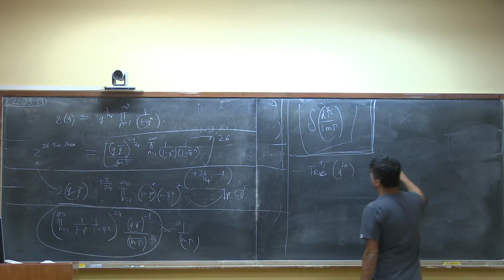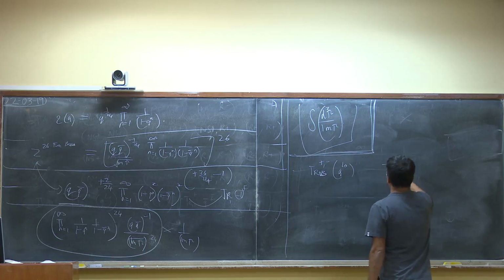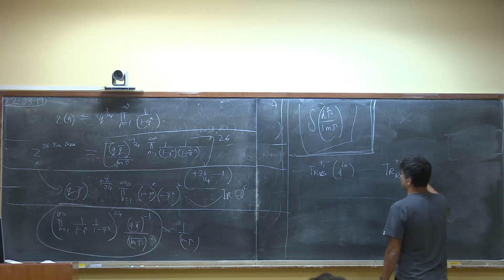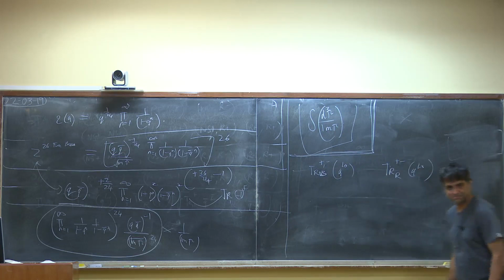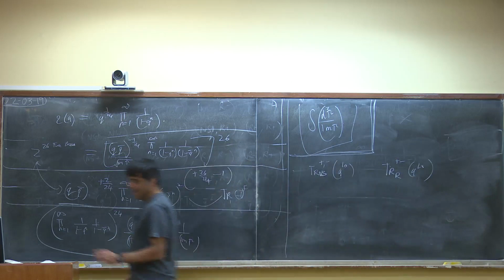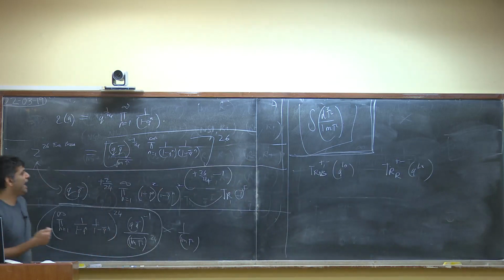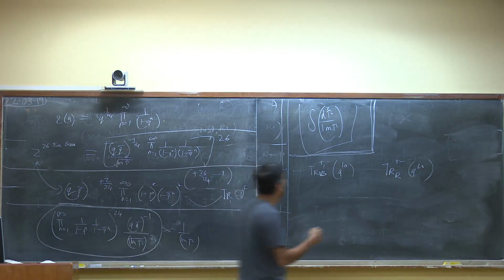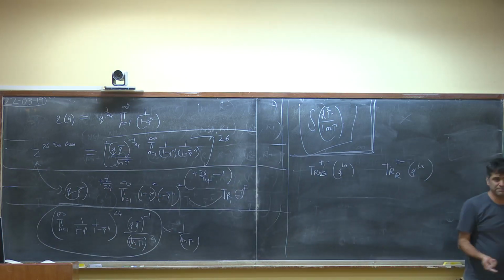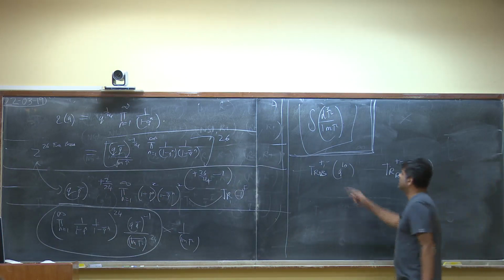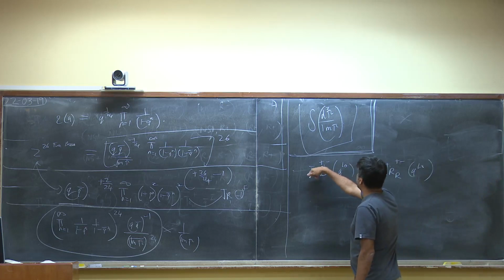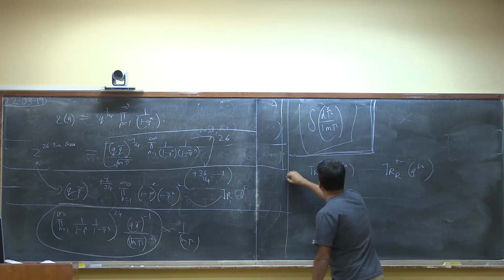And we're also going to compute the trace in the Ramond sector for both plus and minus of q to the pi L0. We're going to compute this. Now, in the NS sector, okay, let's, yeah.